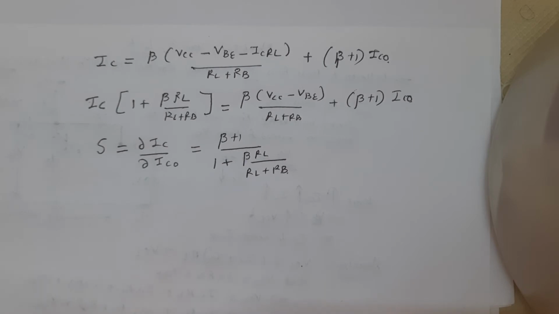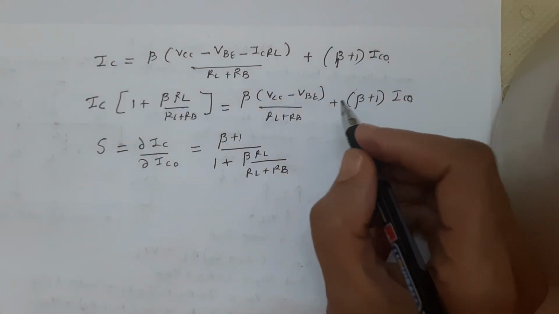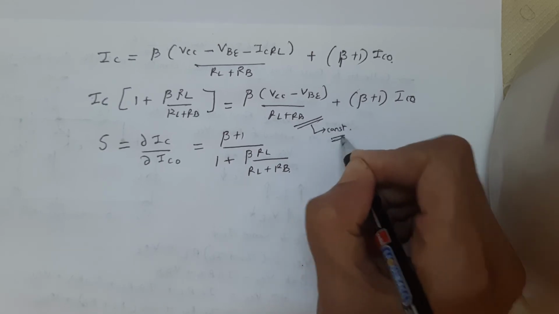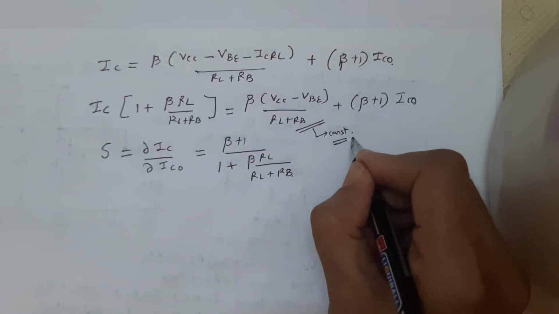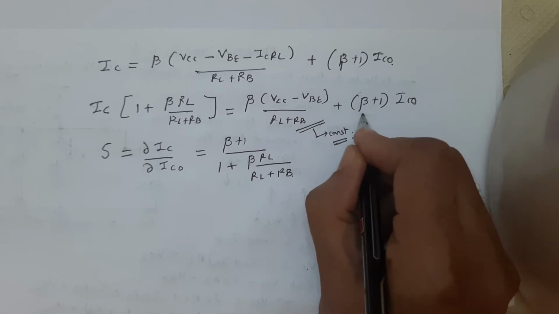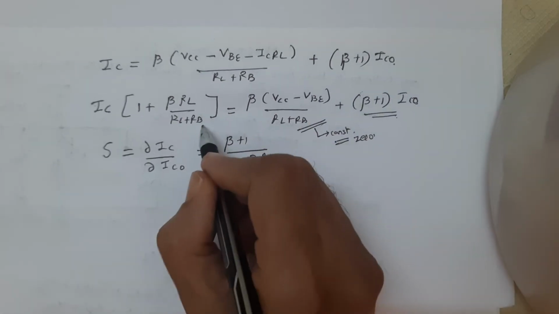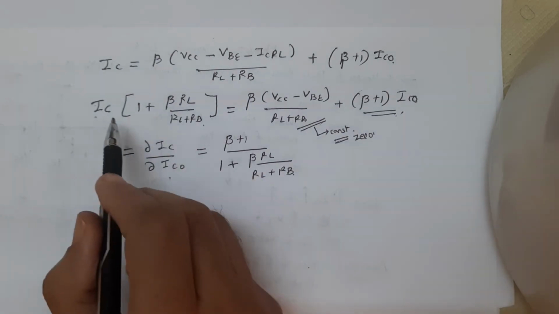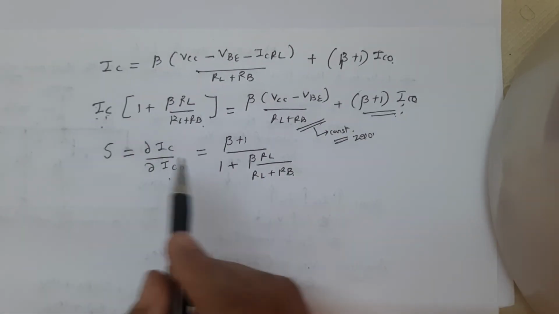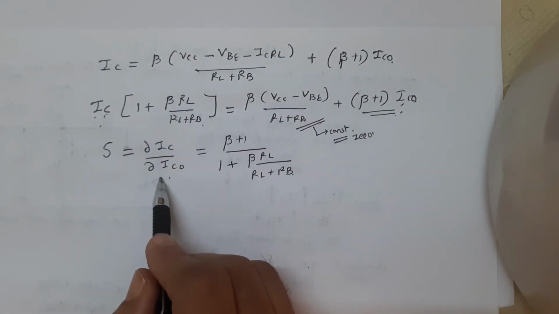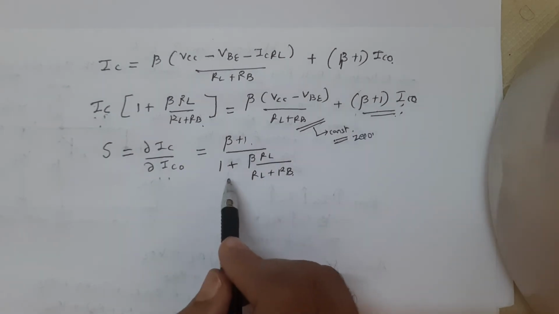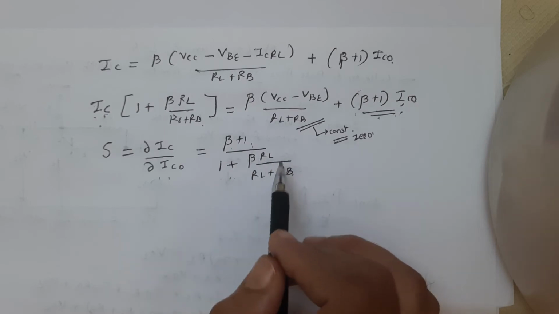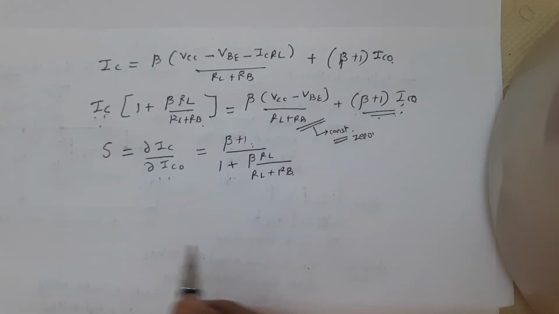This is coming because the first term is constant and its differentiation is 0, and the other term is divided by this sum. So del IC by del ICO is equal to (beta plus 1) upon (1 plus beta RL upon RL plus RB).